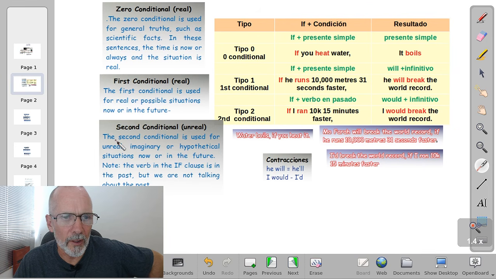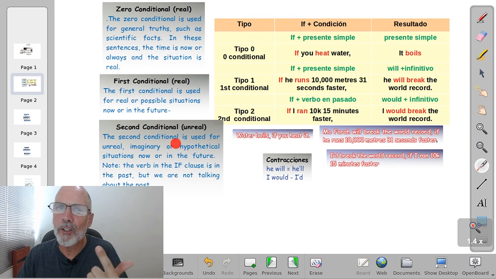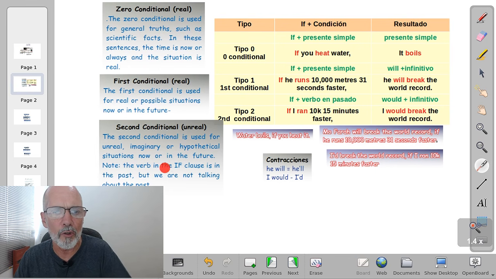So this type of conditional, the second conditional, is used for unreal, imaginary or hypothetical situations now or in the future. Now, the verb in the if clause is in the past, but we are not talking about the past.